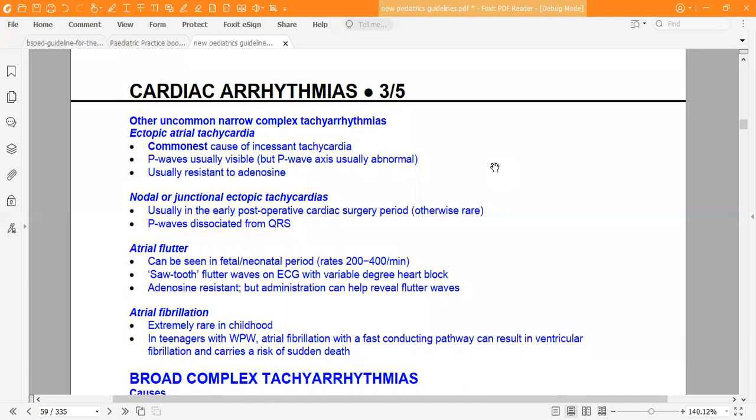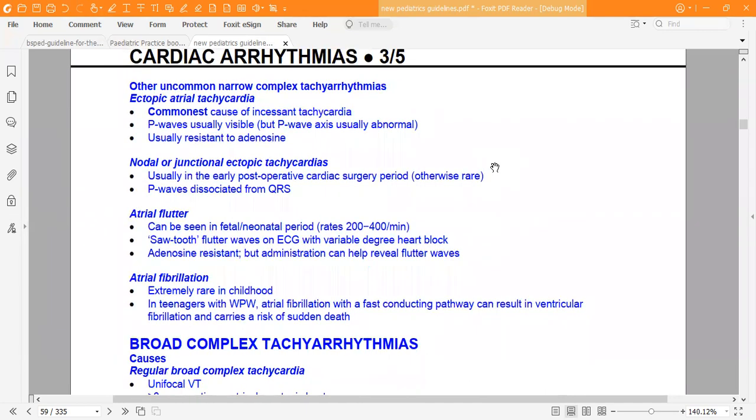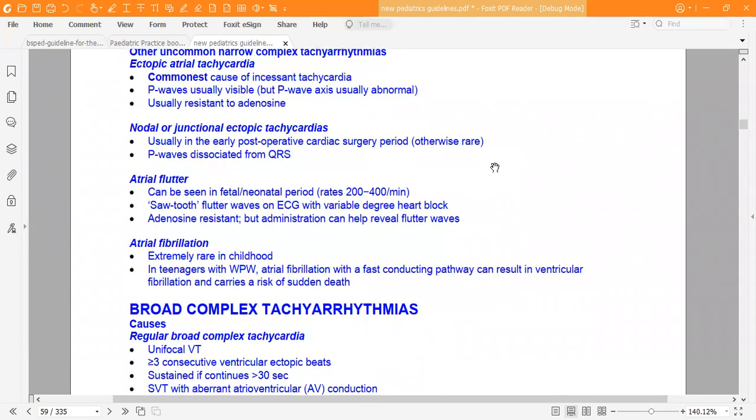So this is ectopic atrial tachycardia. Nodal or junctional ectopic tachycardias, usually in the early post-operative cardiac surgery period. Otherwise rare, P waves dissociated from QRS.